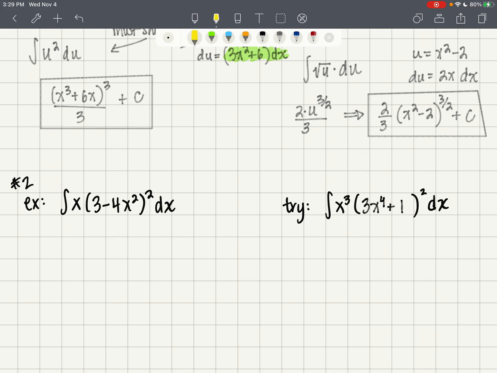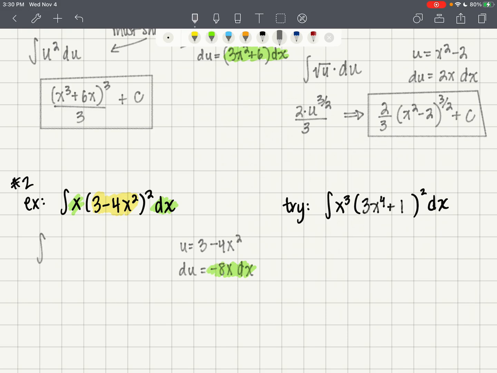For instance, in the second example, number 2, we can identify that u equals 3 minus 4x squared, and that du is equal to negative 8x dx. But wait a second, I only have x dx, and I'm missing that negative 8.